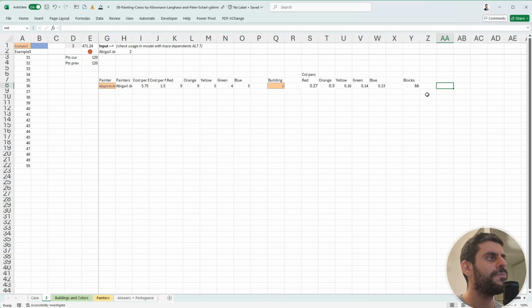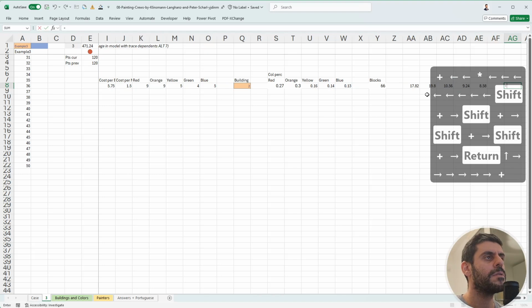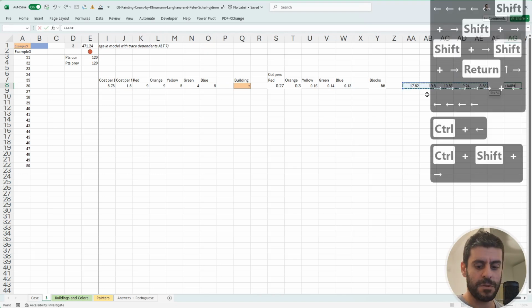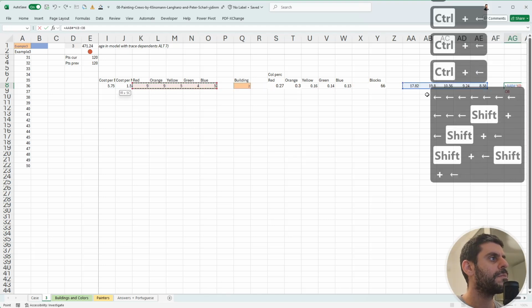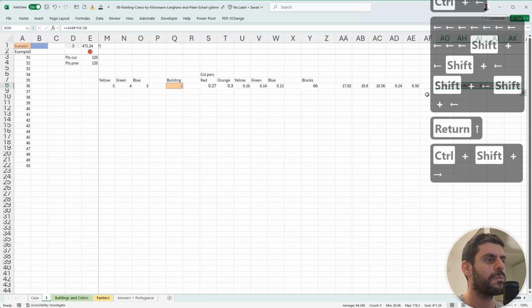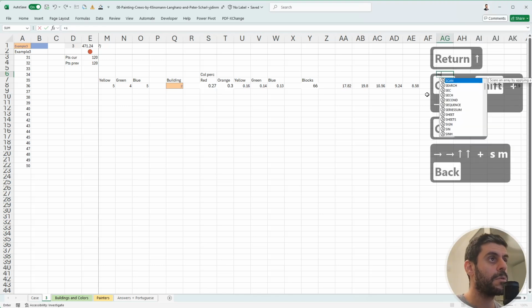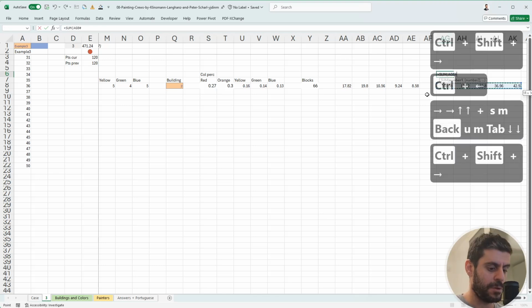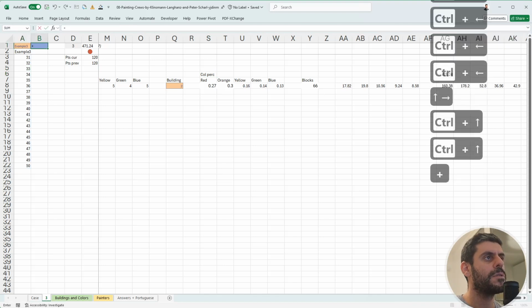So this times this. This is unusable. Also, the sum of this is matching.